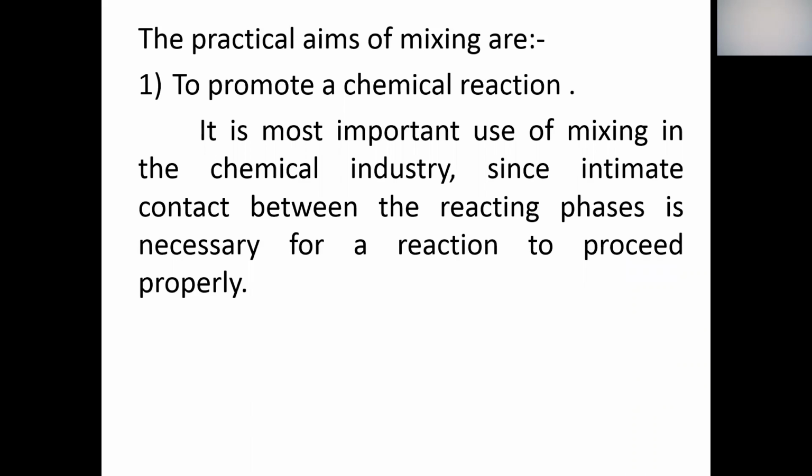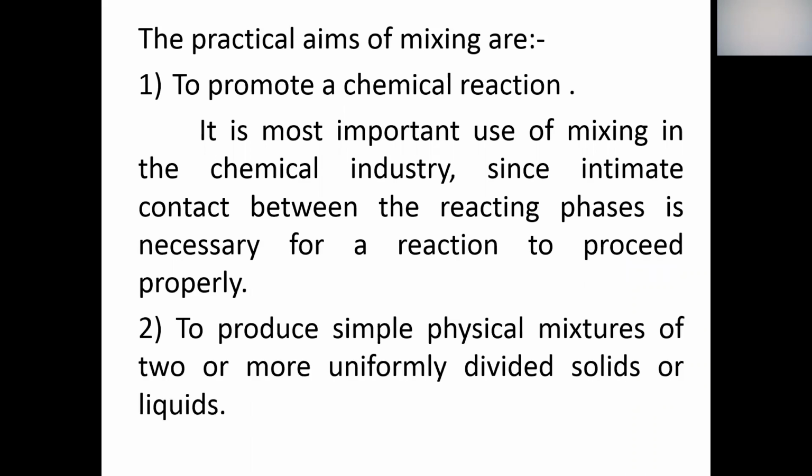Now the practical aims of mixing are very important to understand. Mixing operation is widely used in most of the chemical industries. There are numerous applications of the mixing operation. It is most important to use mixing in the chemical industry, since intimate contact between the reacting phases is necessary for the reaction to proceed properly.